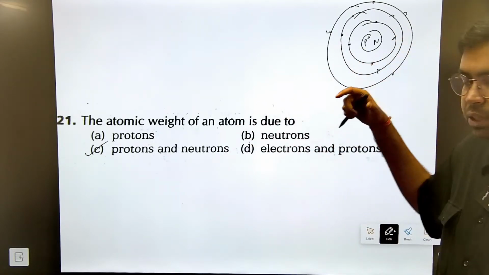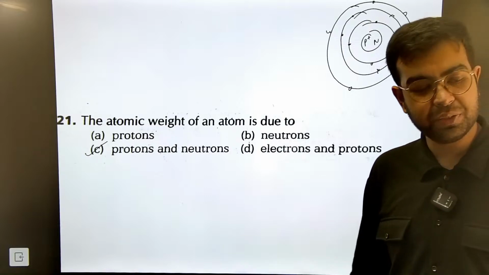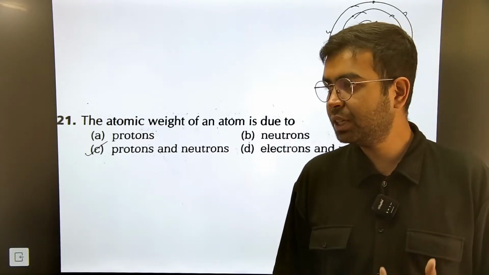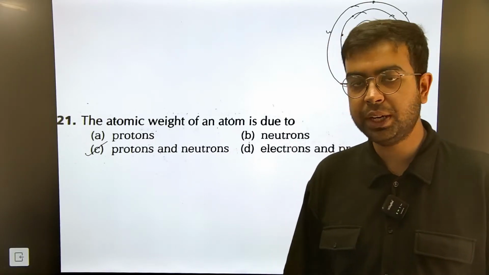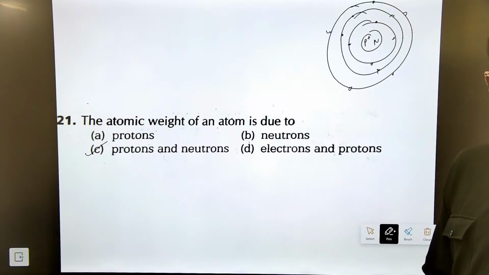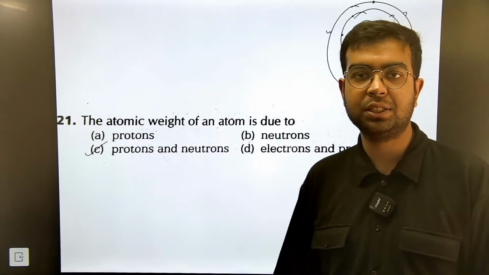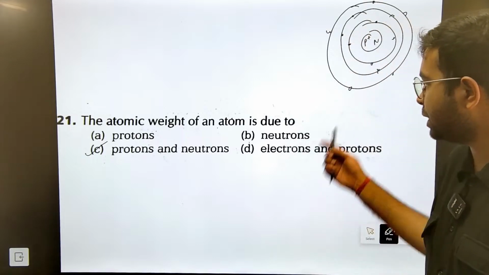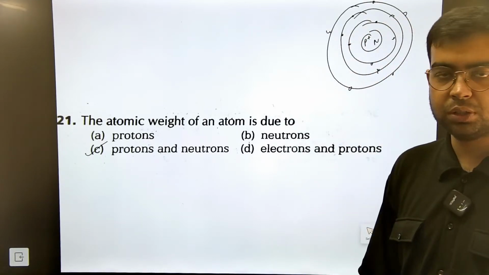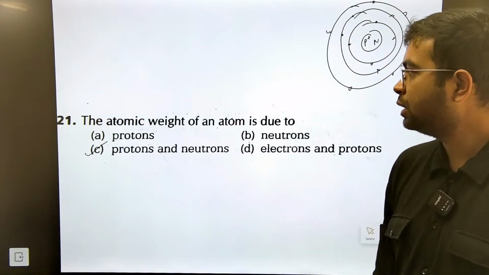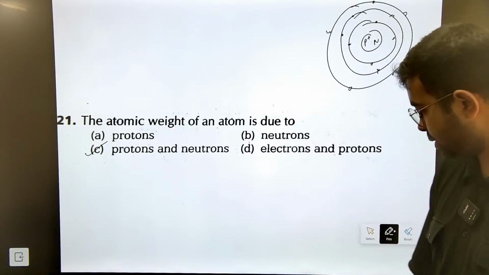Why? Because electrons are scattered in different directions and they are very small in size. That is why there is no proper contribution to weight. On the other hand, the nucleus is a very concentrated mass at the center, and hence the nucleus creates the weight of the atom, and the nucleus contains the protons and neutrons. Hence, protons and neutrons are contributing to the atomic weight.